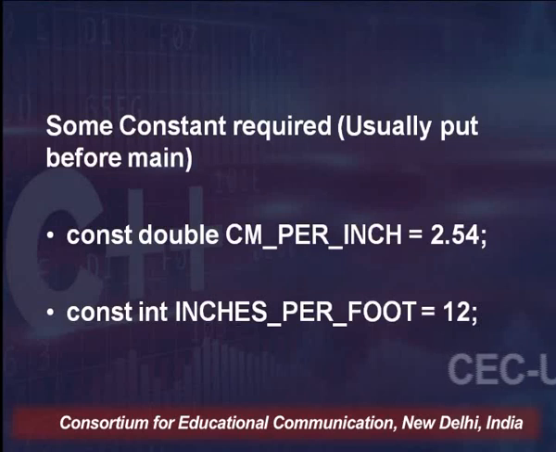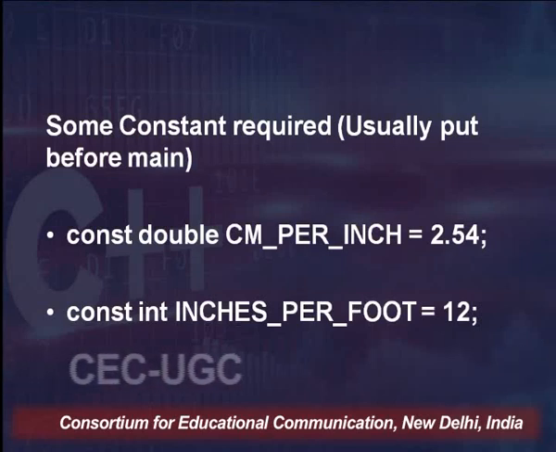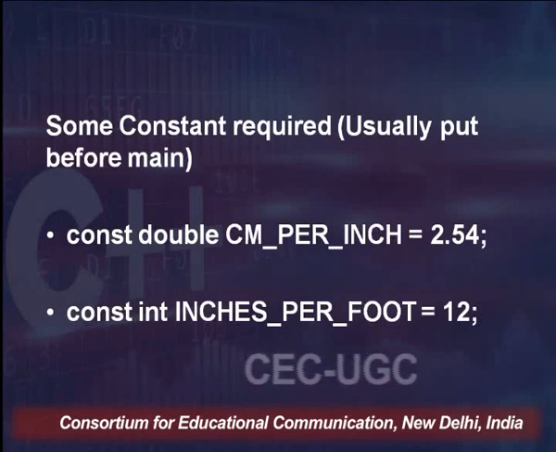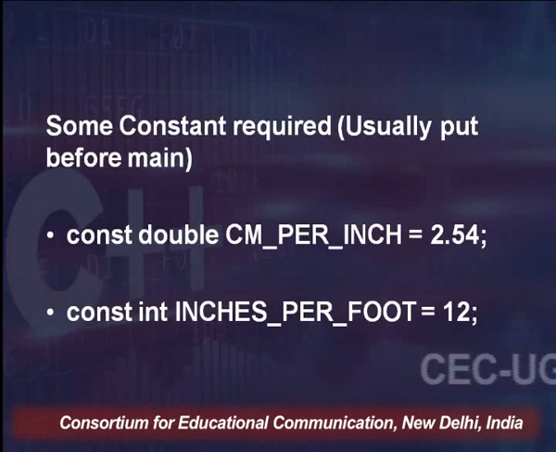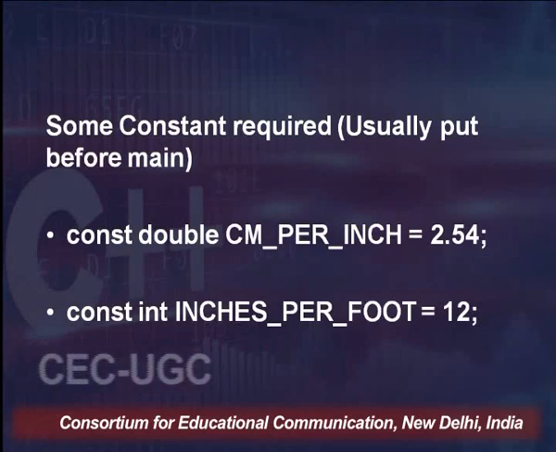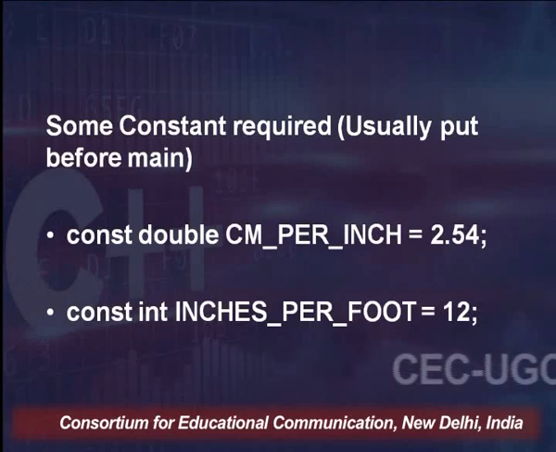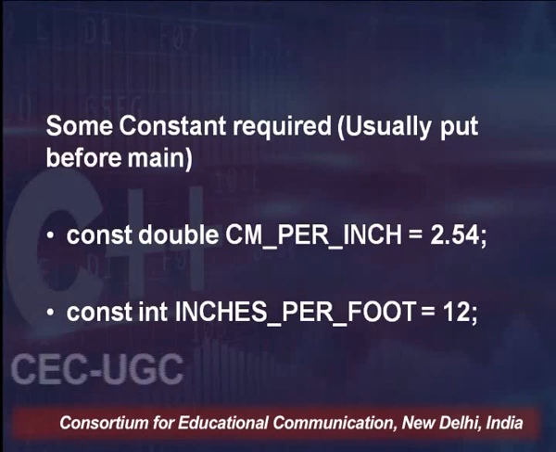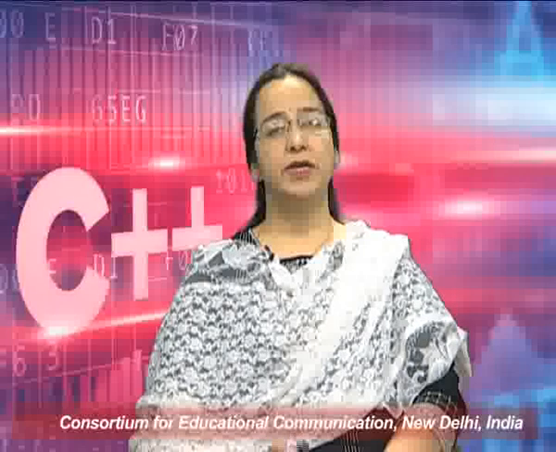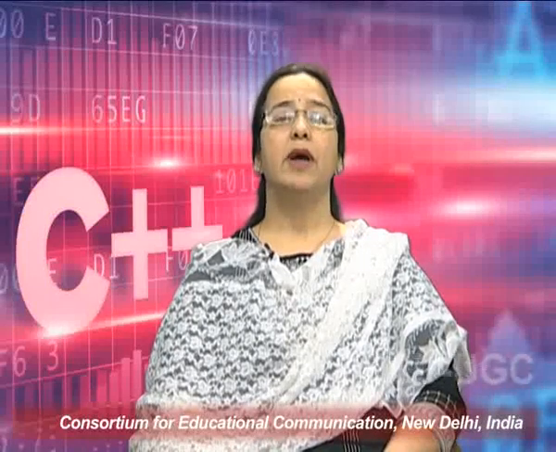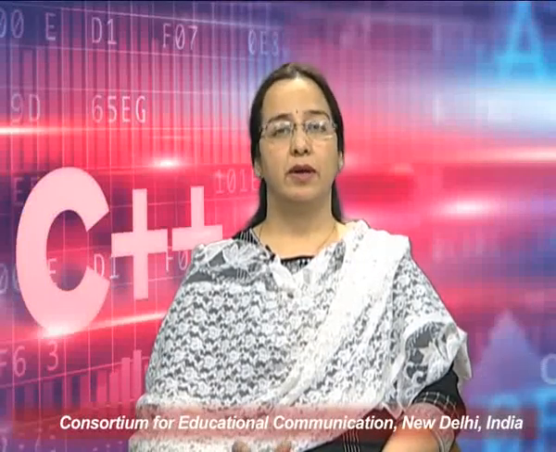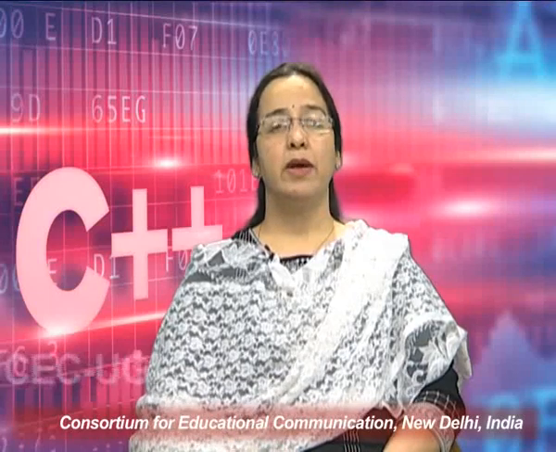So, we can say const double cm_per_inch. The variable name is cm_per_inch. Please remember that whatever constants we are going to use are not going to change their value throughout the program. And just to differentiate them from normal variables, we are going to write them in capital letters.